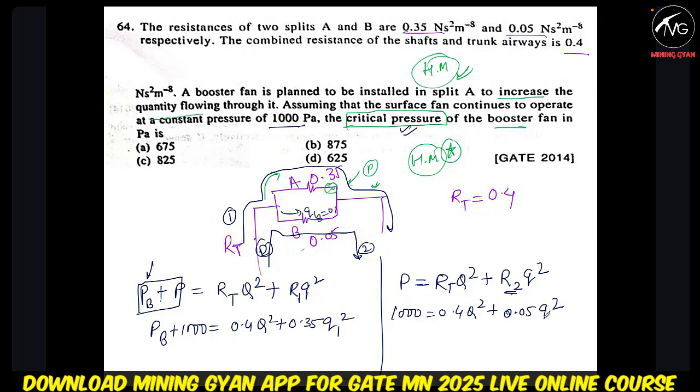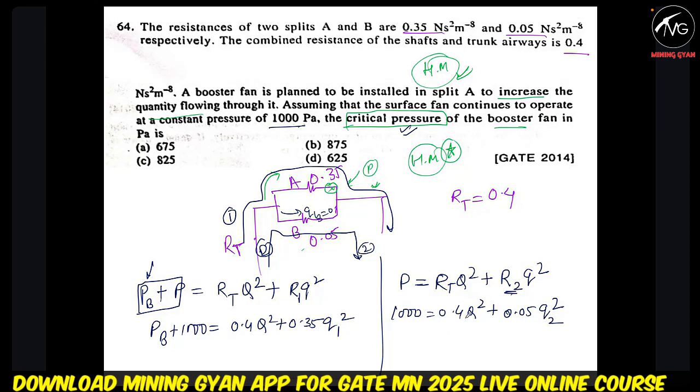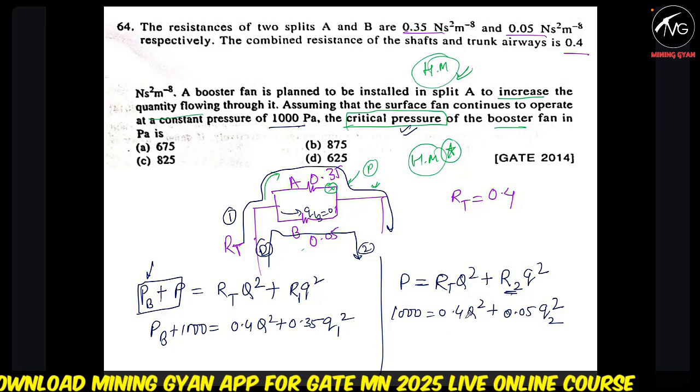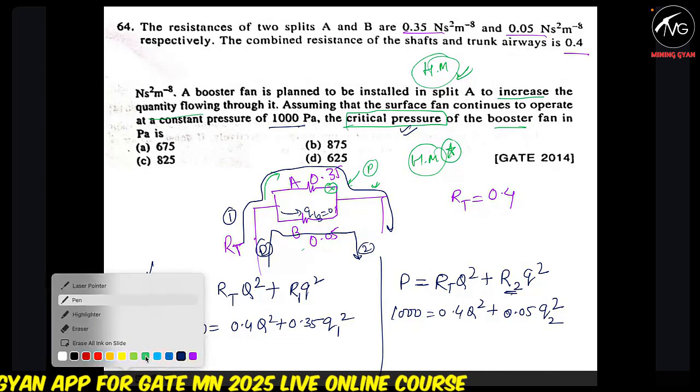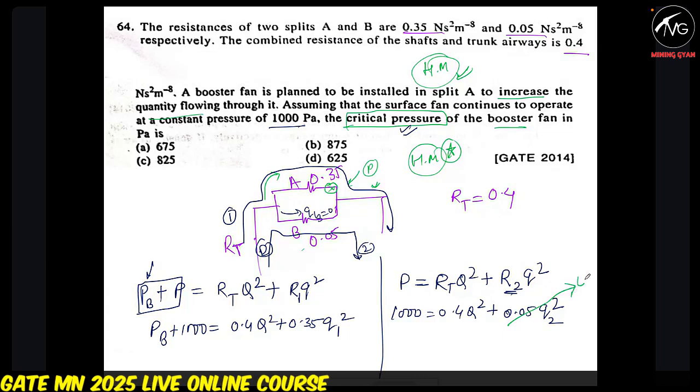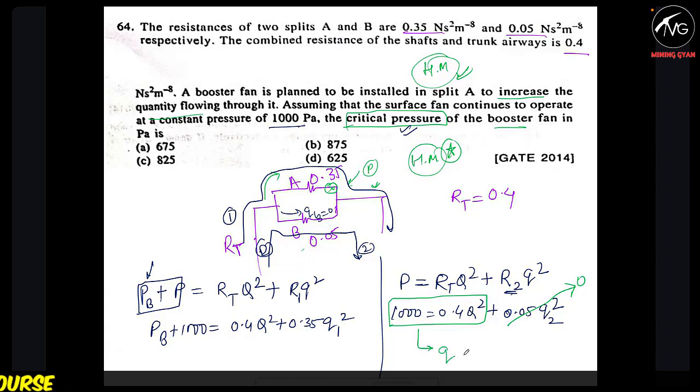This is Q2. As I told you, whenever the pressure is critical you have to consider it 0. So from this equation you can solve your quantity. So it will be 1000 divided by 0.4 under root.